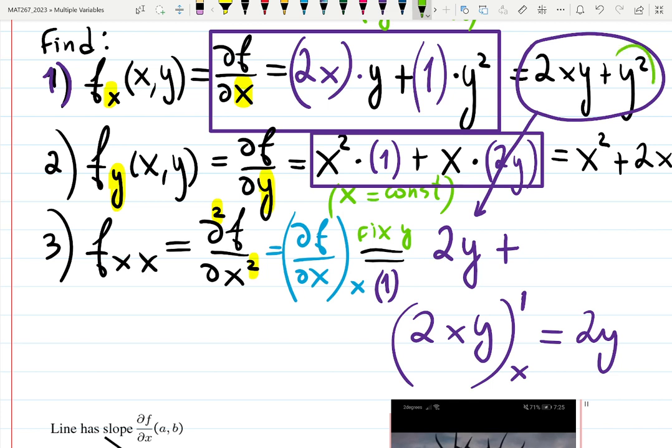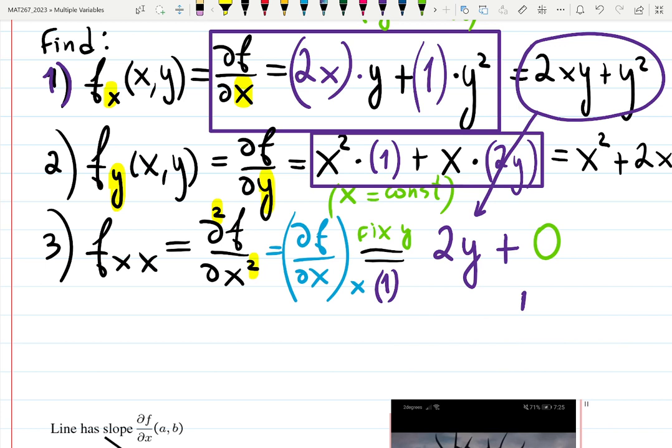This piece is a constant when we're differentiating with respect to x, and the derivative of a constant is 0. How fast is y squared changing with respect to x? 0 fast. That's how it is. Plus 0. How cool is that? So the answer is 2y. Put it in the box.